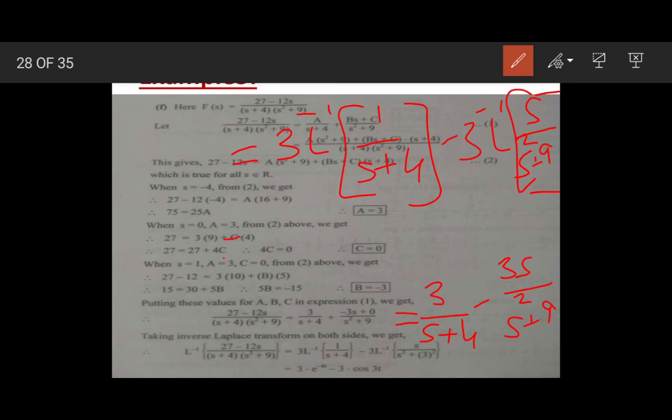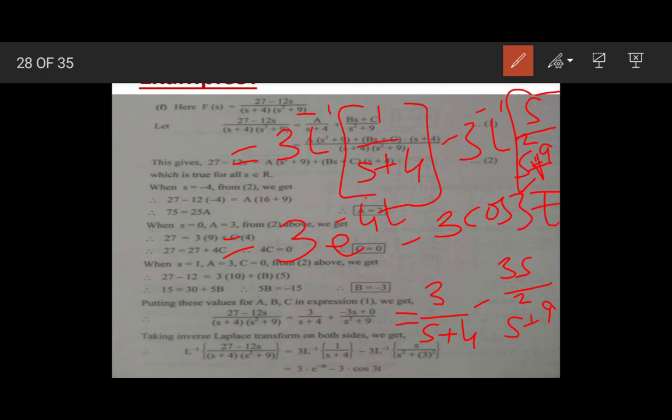So that is equal to 3. Now inverse Laplace of 1 upon (s plus 4) is e raised to minus 4t. Then minus 3, inverse Laplace of s upon (s square plus 3 square), so that will be cos 3t.